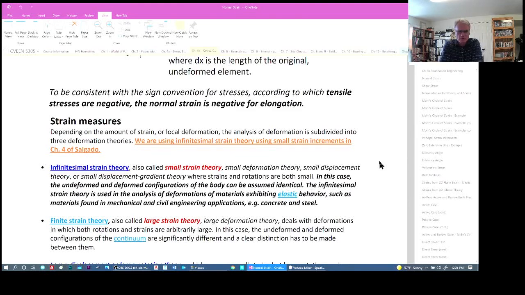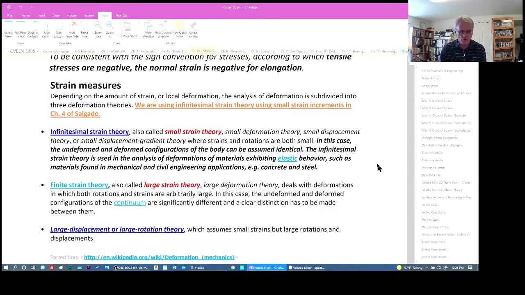In this case, the undeformed and deformed configurations can be identical, meaning that the strains are quite small. We will find that the rotations can be expressed in terms of changes within the shear strain directions, and the normal strains can be defined as changes in the normal direction.